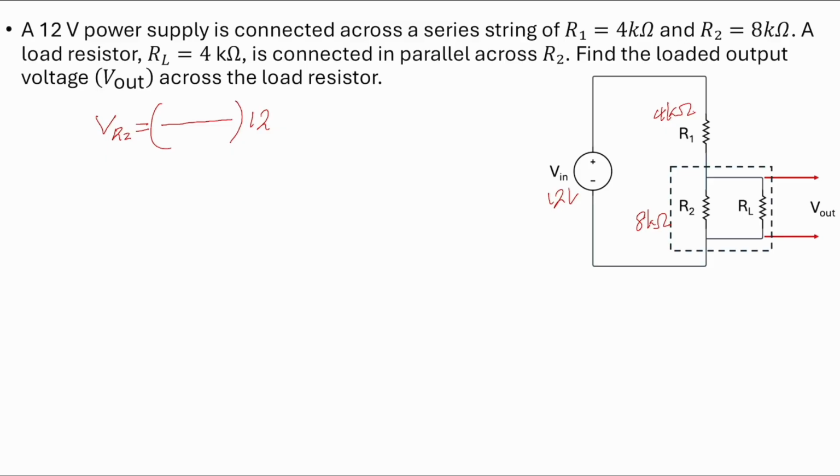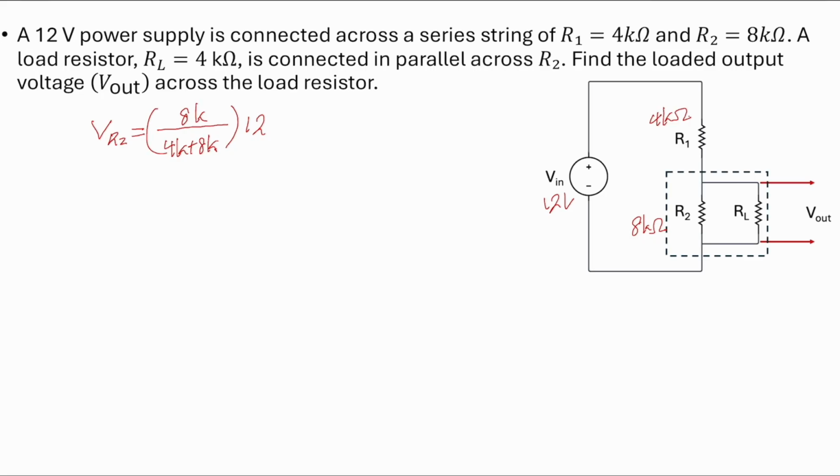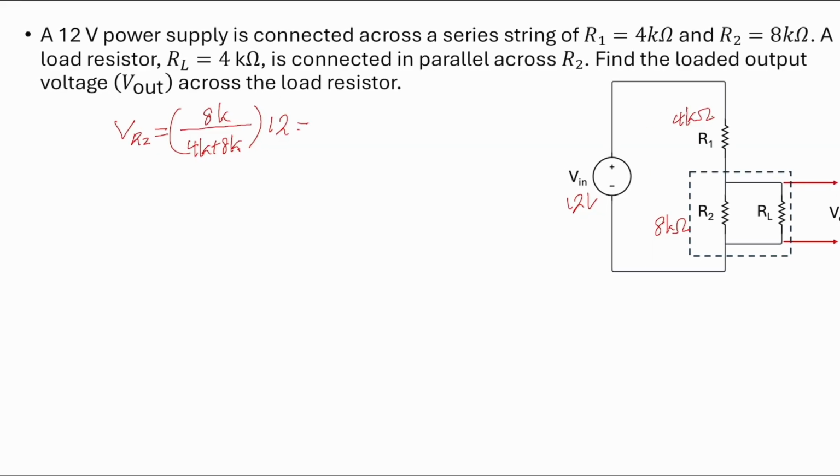The denominator is 4k plus 8k. The numerator is 8k, because 8k is R2, where we try to get the voltage from. Now, if you plug this into your calculator, you will get 8 volt.